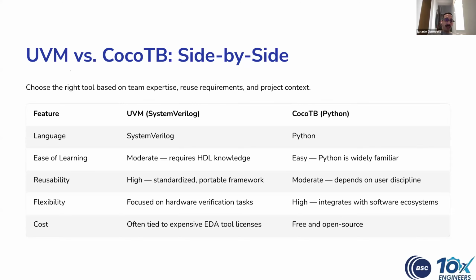Regarding the cost, well, UVM requires expensive licenses, while CocoTB is free and open source. So this is really significant for small teams. We need to choose which methodology to apply based on the context. UVM is normally applied for industry standard projects with reusability requirements, and CocoTB is for agile teams, for education, for open source as well.